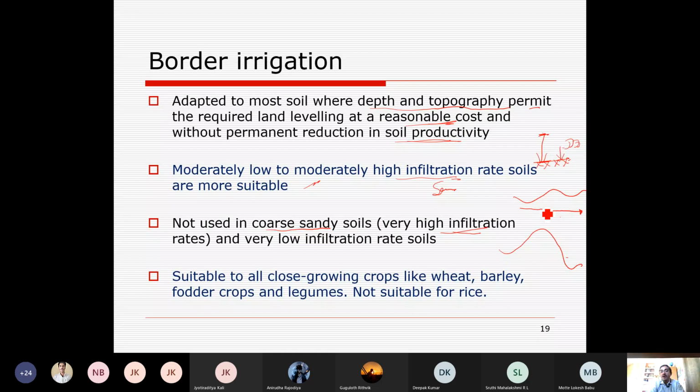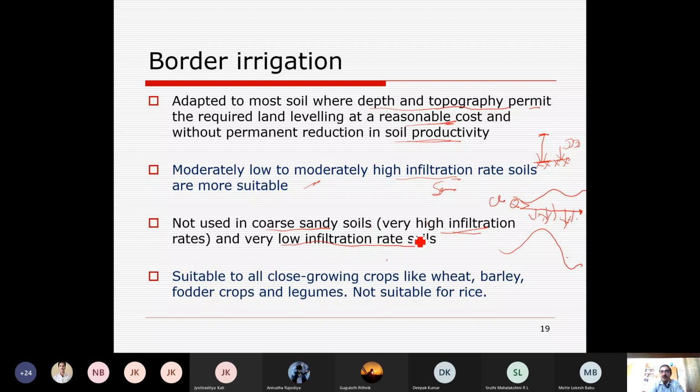No matter what discharge you apply, within a certain distance it will infiltrate all the water. Likewise, with a very low infiltration rate, suppose it's a pure clay, it will take a much longer time for water to infiltrate into the soil. So it is not suitable for the two extreme conditions, but in between it is suitable, and we can adopt border irrigation.